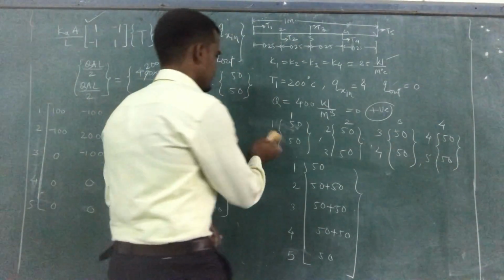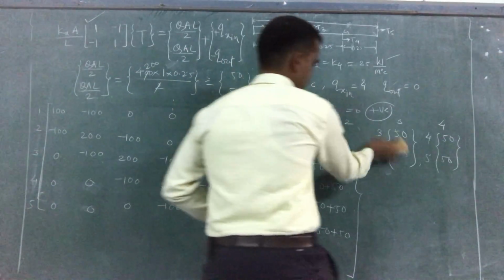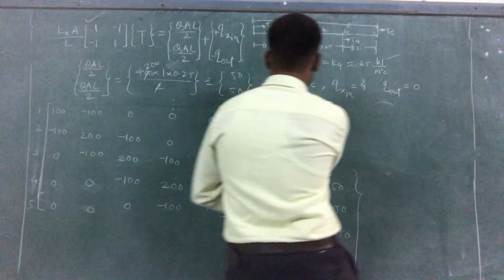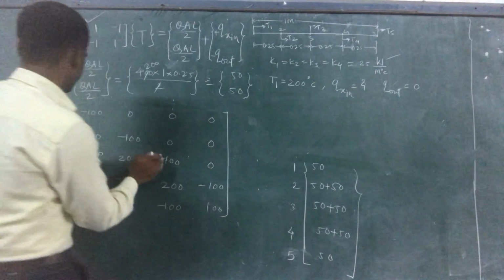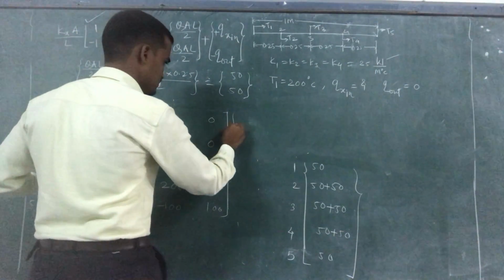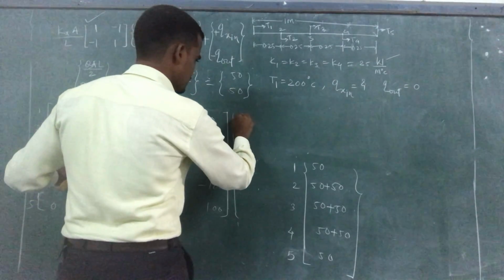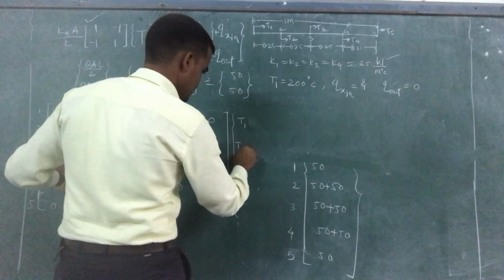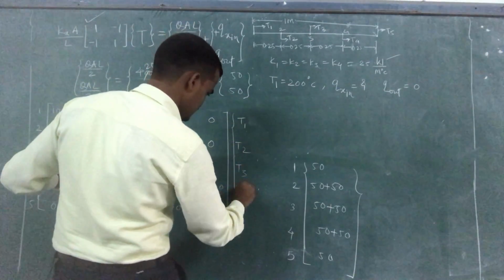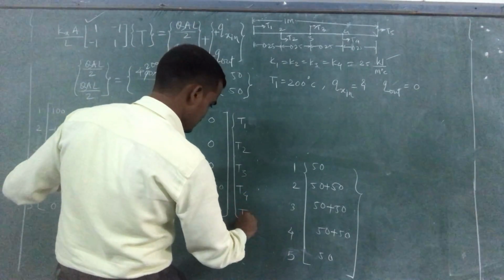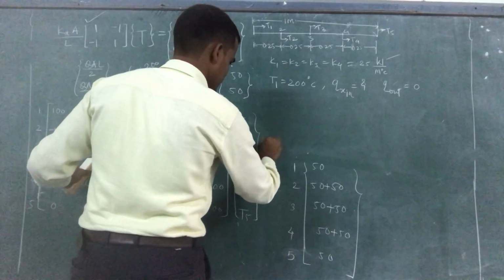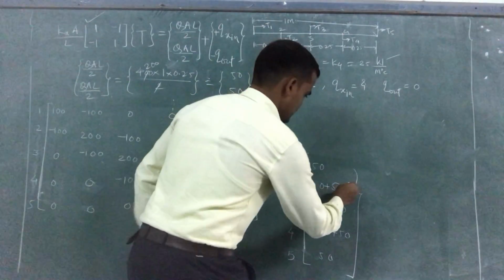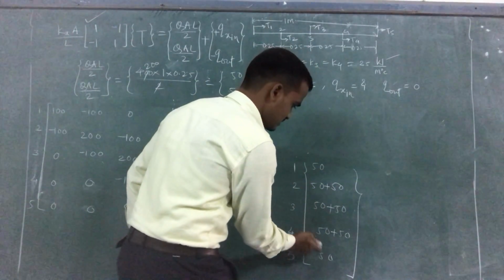So here we can write this load vector here only. So as we know that this is equal to, into T1, T2, T3, T4 and T5, is equal to, it is nothing but 50, 100, 100, 100 and 50.